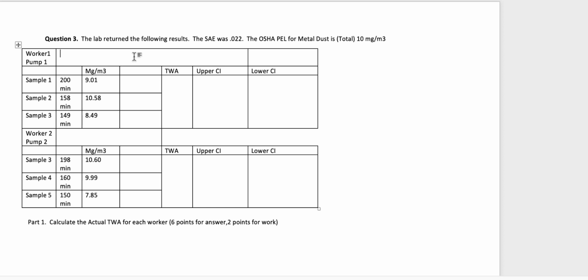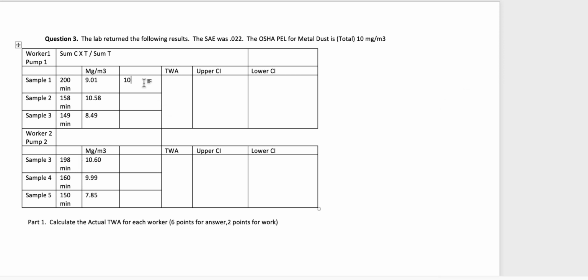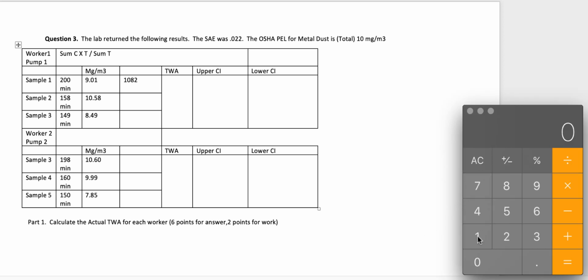So we know that a time-weighted average is the sum of concentration times time divided by the sum of time. So let's do concentration times time. 9.01 times 200. 10.58 times 158.